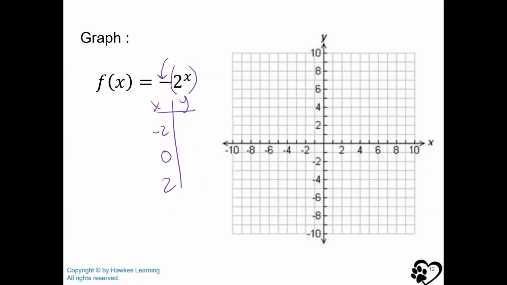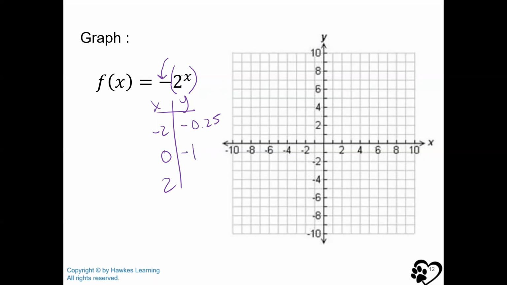Well, let's find out. Well, 2 to the -2 is 1/4, but then it's going to be -1/4. 2 to the 0 power is 1, but then it's going to be -1, the opposite of 1.